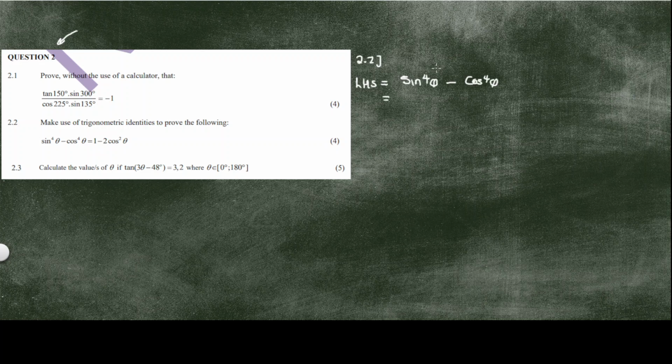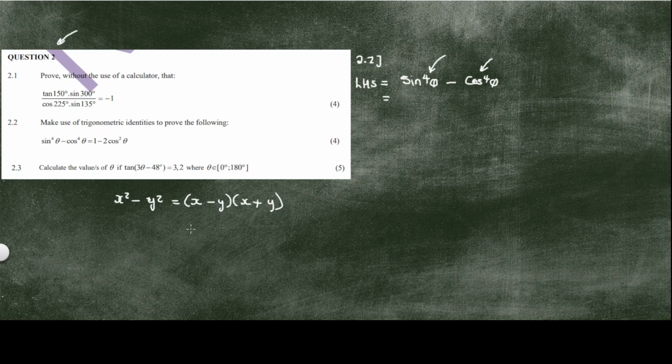We need to have a discussion on factorization at some point. This is actually a difference of two squares. Only x squared minus y squared will factorize to x minus y, x plus y.